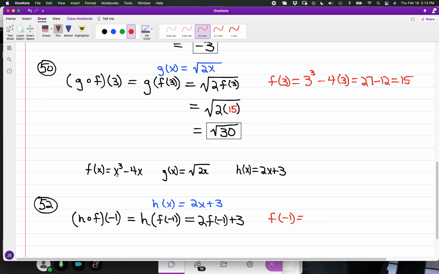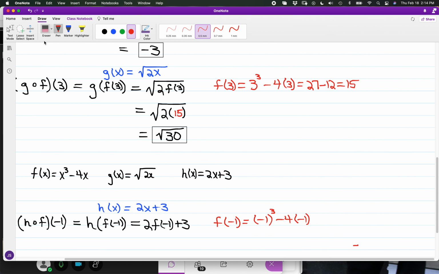for f of -1, we're looking at the cube of -1 and minus 4 times -1. So you have -1 cubed is minus 1. -4 times -1 will be a plus 4. And -1 plus 4 is equal to 3.